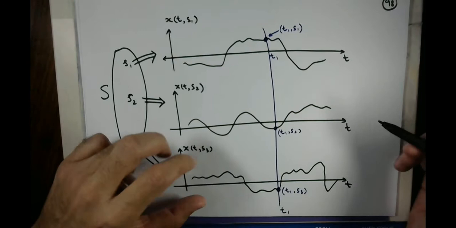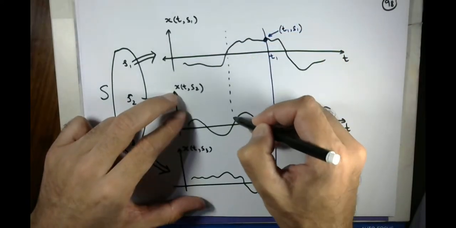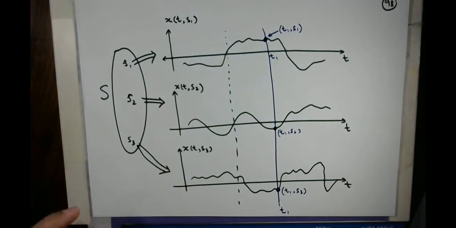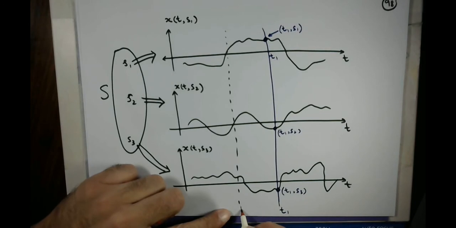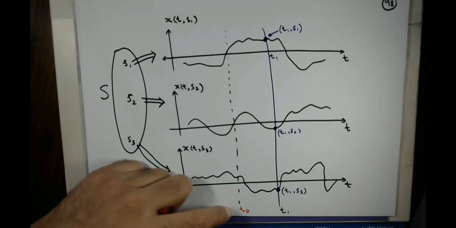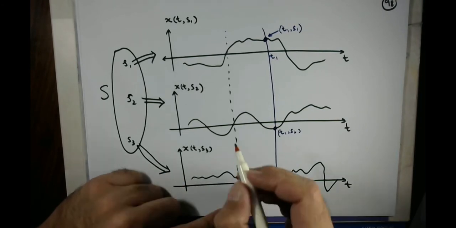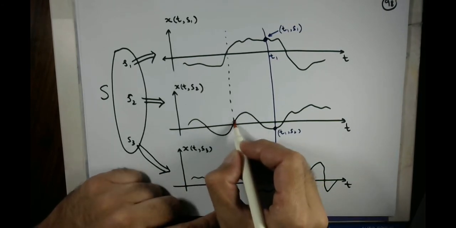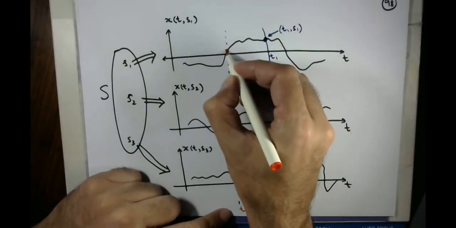Suppose you fix time at another time instant, just assume, call it t naught for a while. So we have one sample value here, another sample value here, and another sample value here.